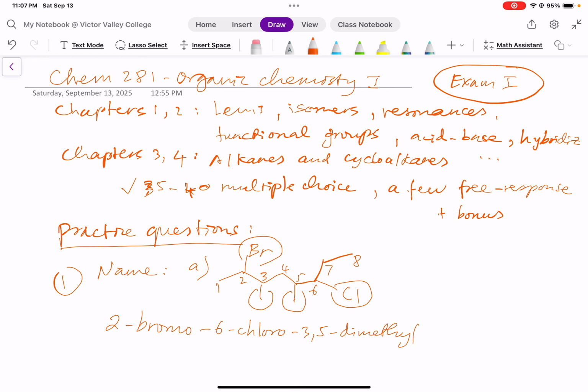If one carbon branch is called methyl. And this has 8 carbons total, so it's octane because it's got 8 carbons total. Okay.